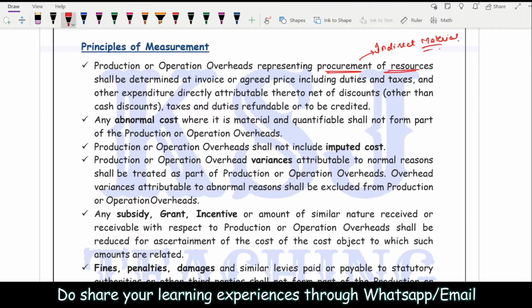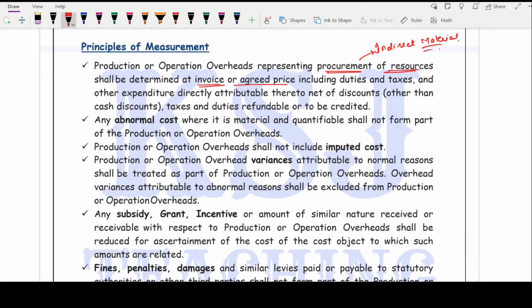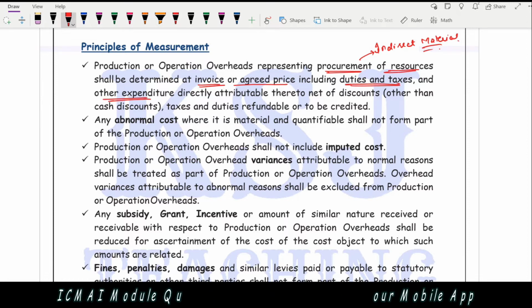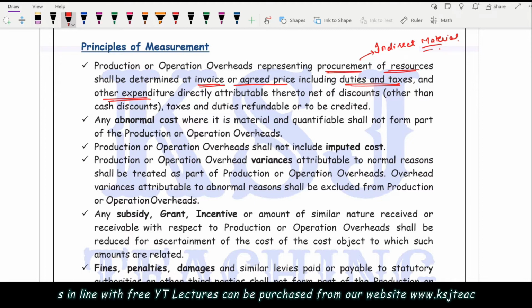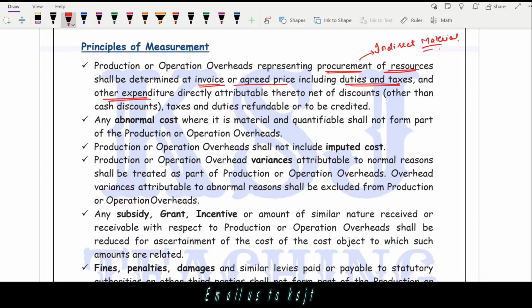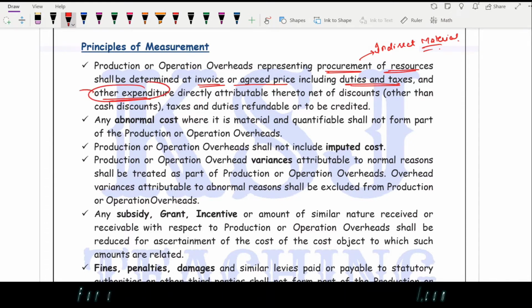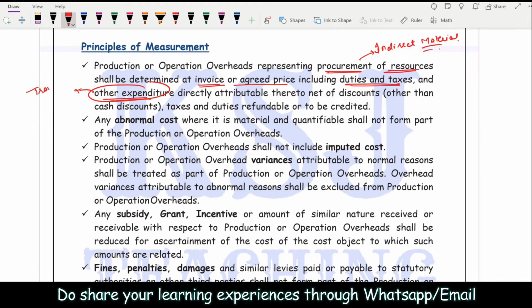Shall be determined at invoice or the agreed price, including the duties and taxes and other expenditure directly attributable thereto. What type of expenditure can that be?